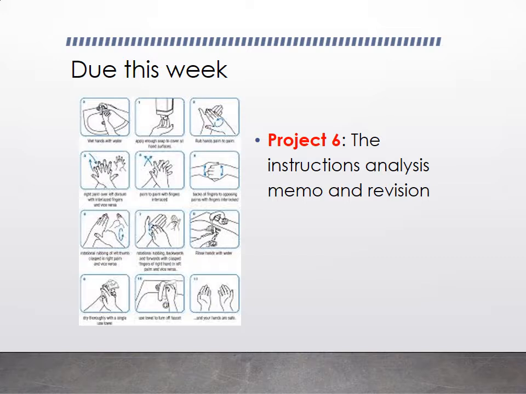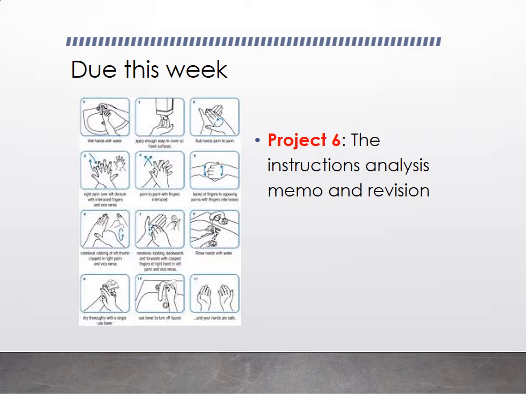In a previous semester, another student did a version of this assignment that I edited and posted as a sample for students to see. It has all three parts of the requirements for Project 6. It has the original instructions that the student is going to critique. It has the memo of analysis, and it has the revised instructions where the student has tried to improve on them.